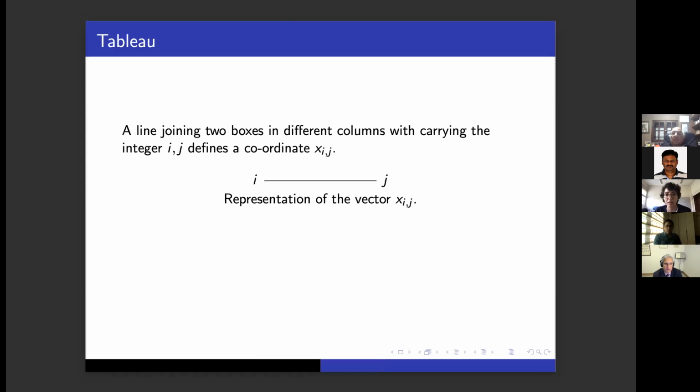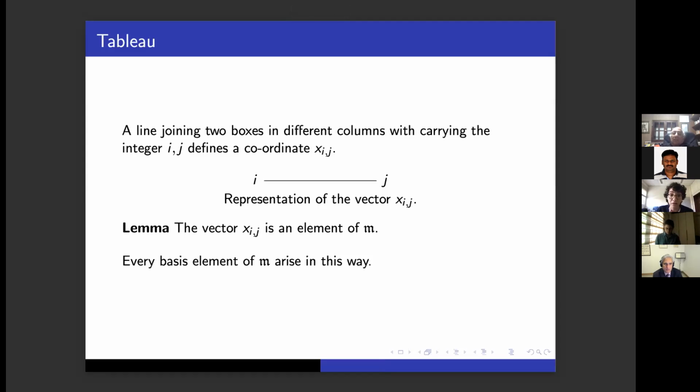When you draw a line between boxes of different columns, and these boxes are carrying i and j, it represents a coordinate xij. There is an easy lemma, but not obvious, that the vector xij coming from a link is an element of M, and I can even say that every element of the basis of M arises in this way. So the key point here is the shape of my tableau.